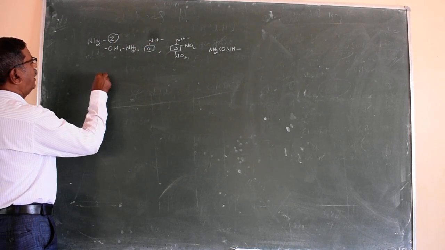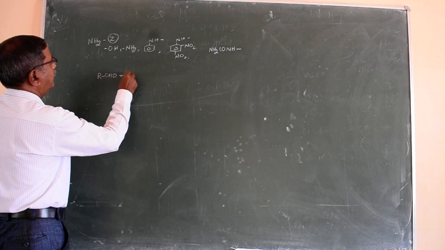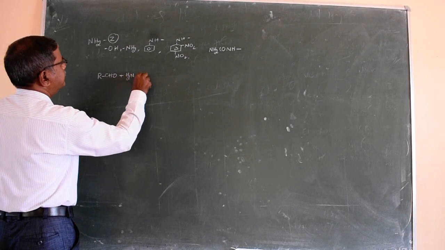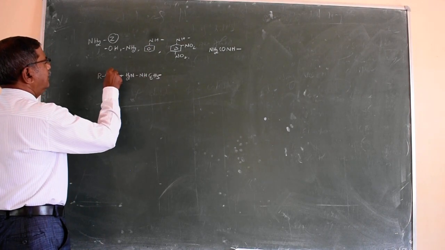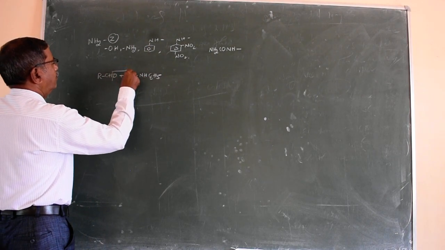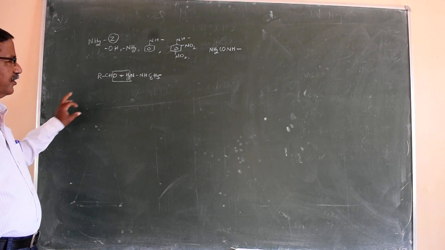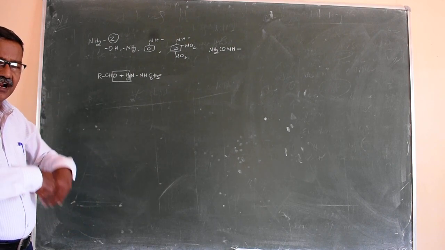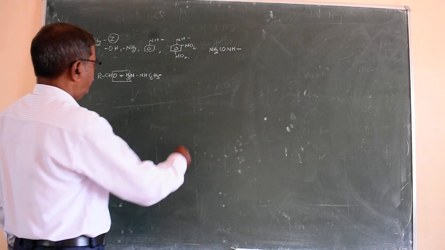So it is RCHO, then NH2NHC6H5. Elimination of water takes place. We don't have the discussion of the mechanism of this reaction, but actually it is a nucleophilic addition and elimination, so I am showing directly the elimination of water.